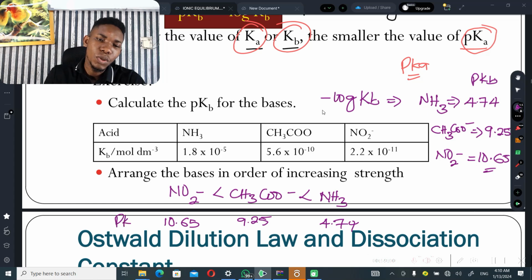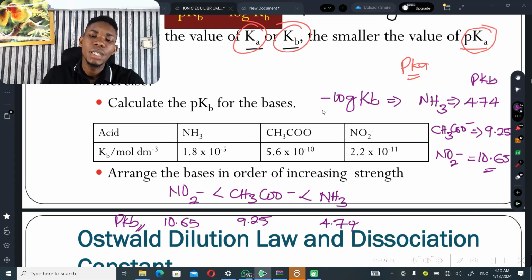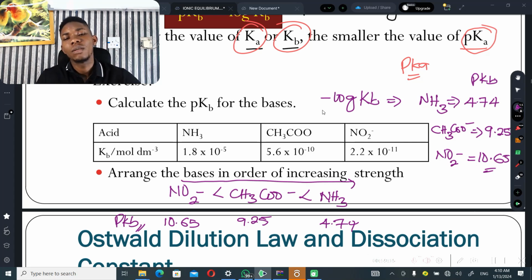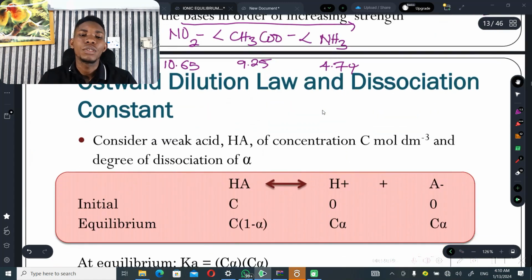These are the pKb. So it means that at the end of the day, this will have the higher pKb but lower Kb, and then lower basic strength. So the basicity increases like this from here to here. That's how the basicity of these compounds increases. Alright, so that is the correct answer to that question.